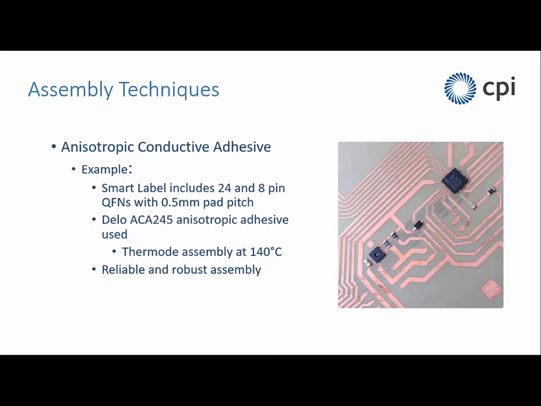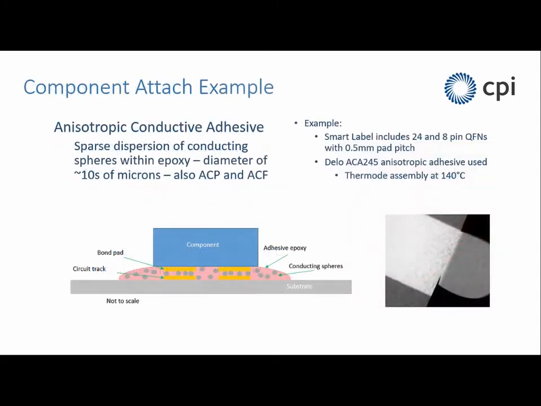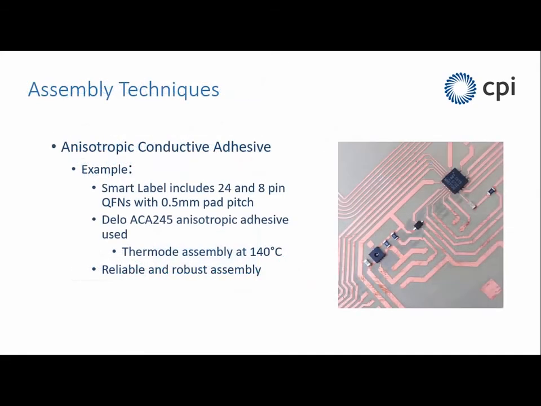We use a Dalo anisotropic adhesive for this, and it works extremely well. A very effective way of making a very robust assembly. The other advantage of this material is that the pink there is all cured epoxy. So the whole of your component is mechanically attached as well as electrically attached. And that helps the assembly of the overall device.